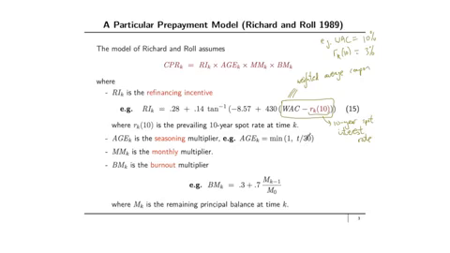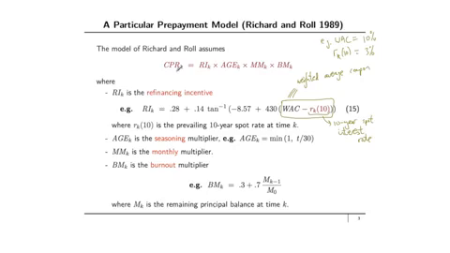After all, if they've just taken out a mortgage, maybe it's because they've just bought a new home, it's very unlikely they're going to be moving home in the next year or two, and therefore we set age equal to the minimum of 1 and T over 30. So when T is just 1 month or 6 months, this number here is very small, and so it multiplies in here to give a very small CPR in the early life of a mortgage pool.